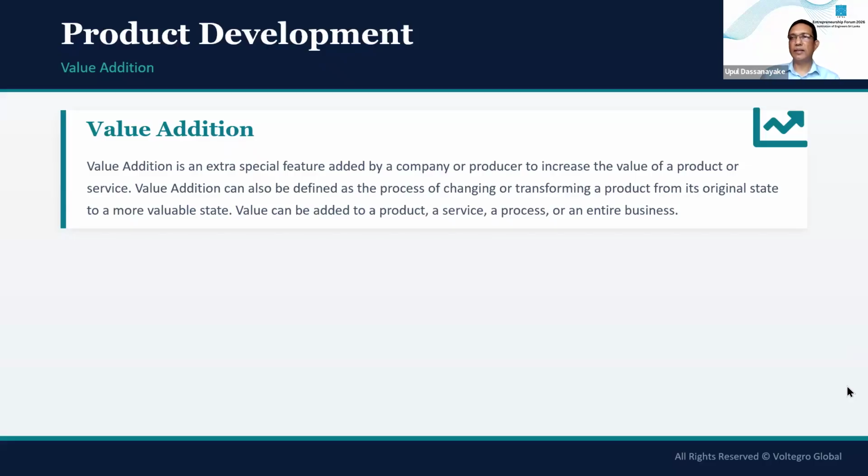And make sure when you come up with a product idea, don't focus only on the local market. You may be able to sell it in the local market, but always focus on the international market. Do your research, select some countries, and develop according to their requirements, and then you can launch it in Sri Lanka.